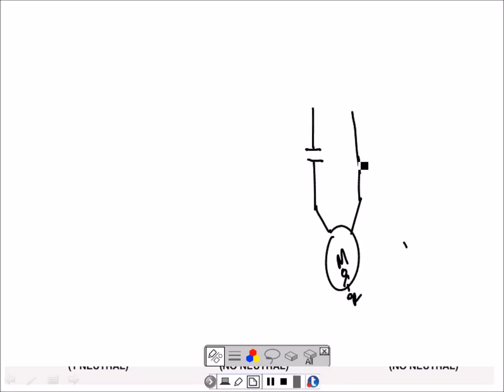Now, in industry, if you're under OSHA, you would find this. But in residential, most of the time, you're going to find this. And this is my motor on my compressor. I think I passed this relay around, where they only switch one side.